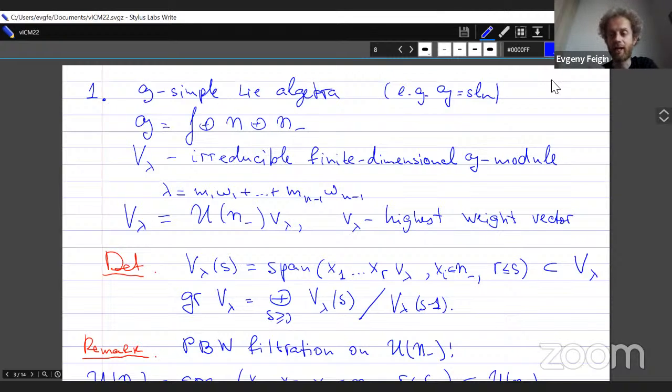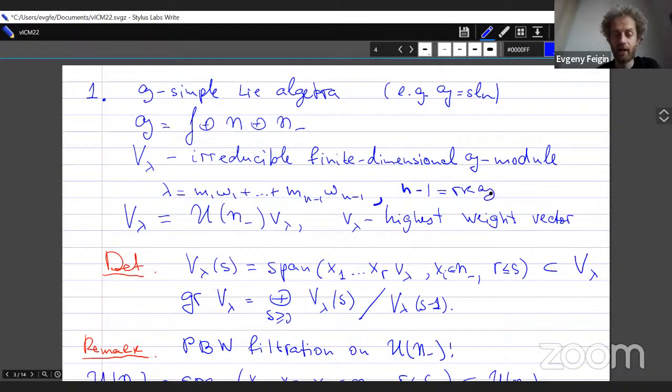Here lambda is the highest weight of our module. It is dominant integral, meaning that it decomposes as m_1 omega_1 plus and so on up to m_{n-1} omega_{n-1}, where n minus 1 is the rank of g.